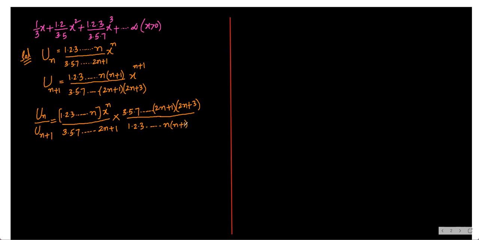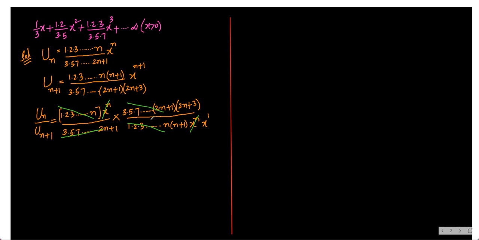But here, that x power n I am splitting like this, x power n into x power 1. Can we split like this? First of all this x power n will be cancelled. 1 into 2 into 3 up to n, 1 into 2 into 3 up to n cancel. 3 into 5 into 7 up to 2n plus 1, 3 into 5 into 7 up to 2n plus 1 cancel.